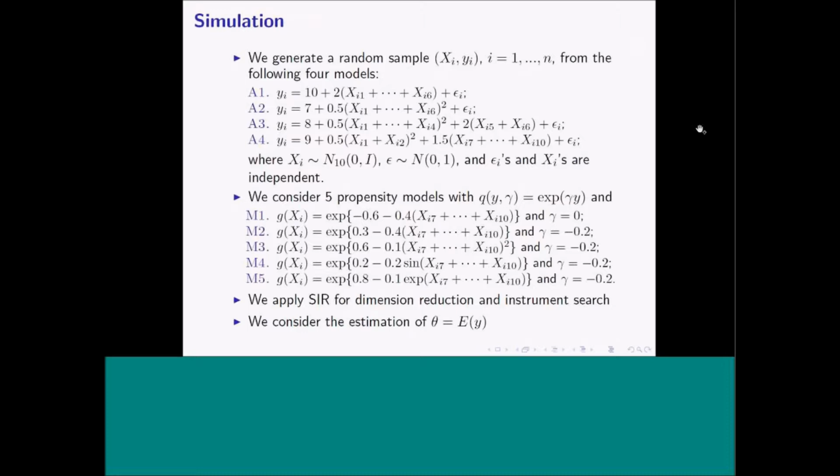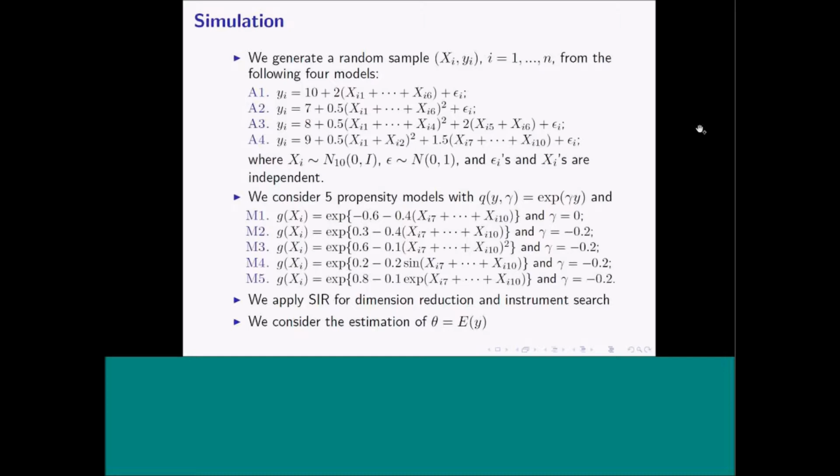This simulation has several different models, and originally it's a 10-dimensional X. If you look at the models A1, A2, A3, and so on, they are models for the response Y. And the models M1, M2, etc., are the models for propensity. So some variables are related to propensity, and some variables are related to the value of Y.